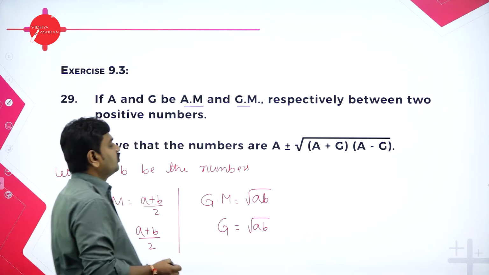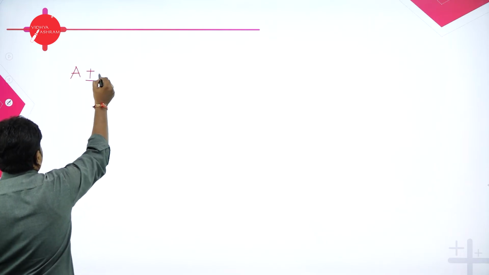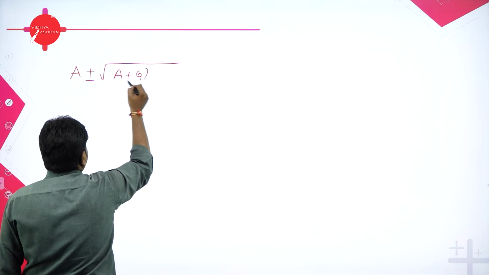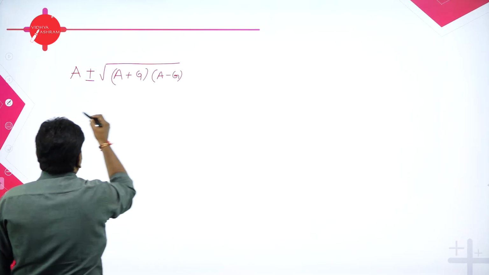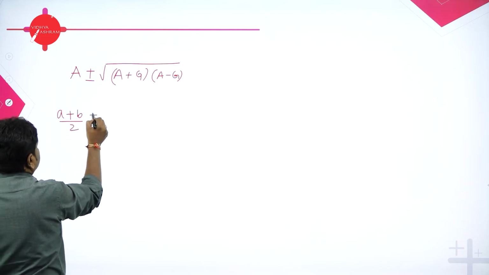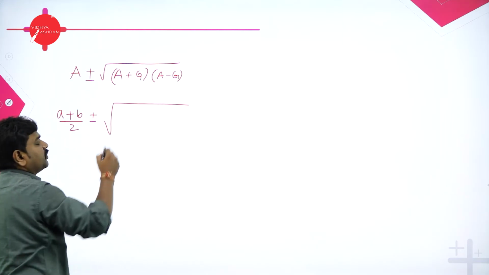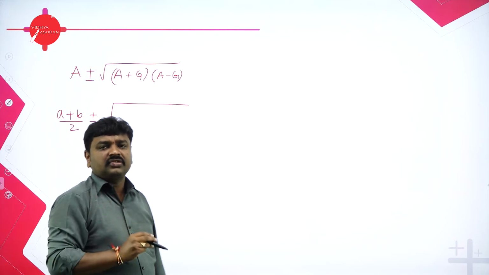Now, prove that the numbers are A plus or minus root of (A plus G) into (A minus G). So whatever is given, I'll take. Let us consider this, and now simplify. What is A? Arithmetic mean, (a plus b) by 2. Now (A plus G) into (A minus G) is in the form (x plus y) into (x minus y), which is x square minus y square.